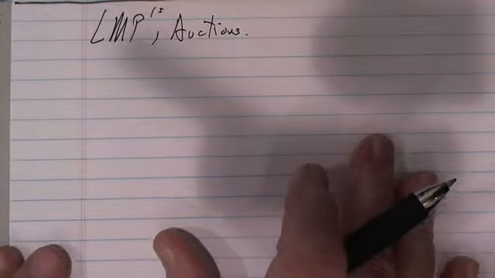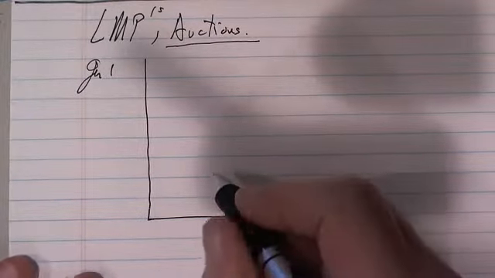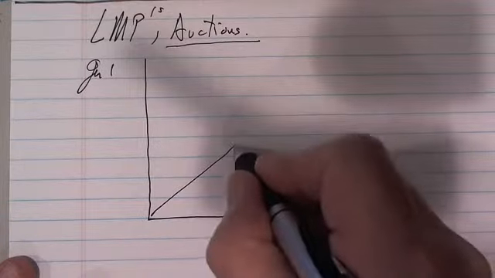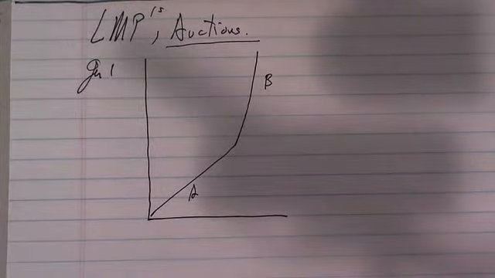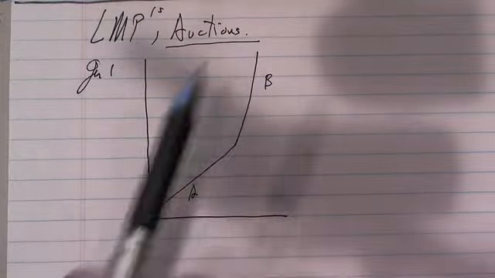Well, we'll come back to this maybe a little bit more next week. But the idea is, let's say I have a generator 1, and I'm going to give it some characteristic. I'm going to have 2 segments like this, A and B, and you notice that the price gets higher.